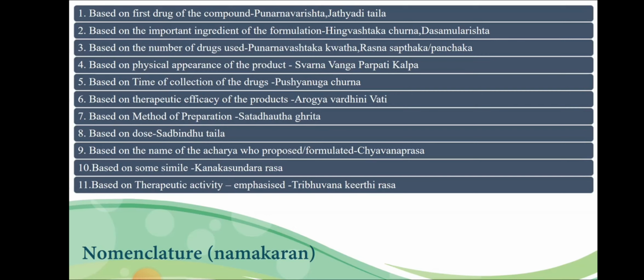So some formulations are named based on similes. And the next and last one is based on emphasized therapeutic activity, that is Tribhuvana Kirti Rasa. You can take Tribhuvana Kirti as an example for that.